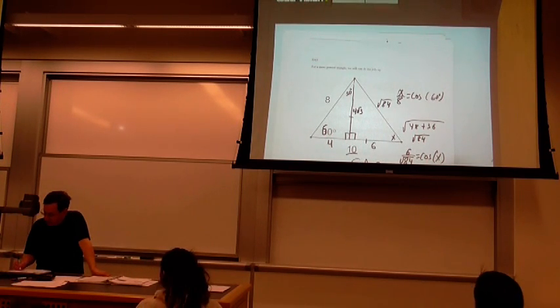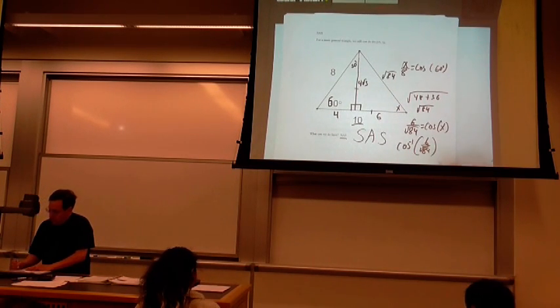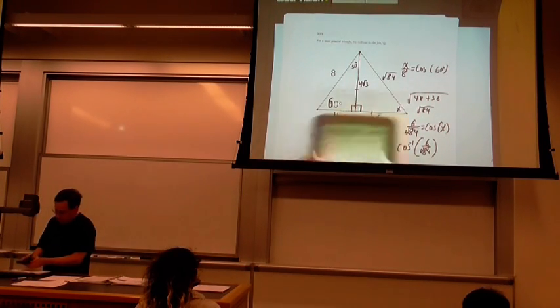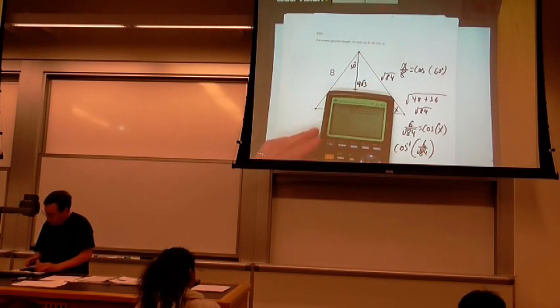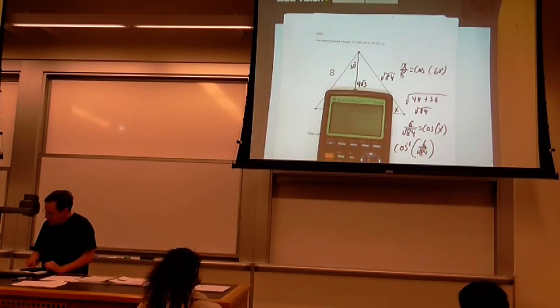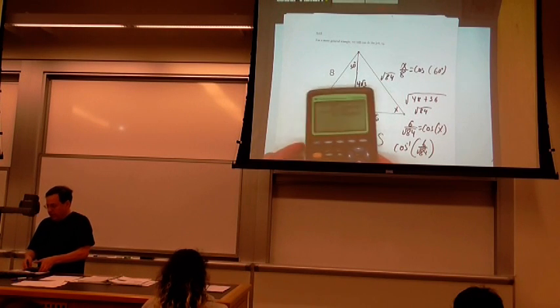Cosine inverse of 6 over the square root of 84. That's 49.1 degrees.